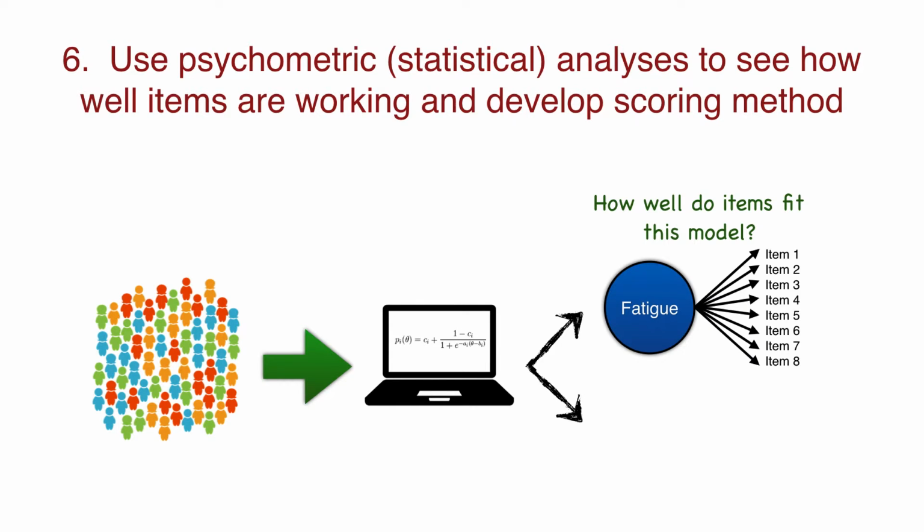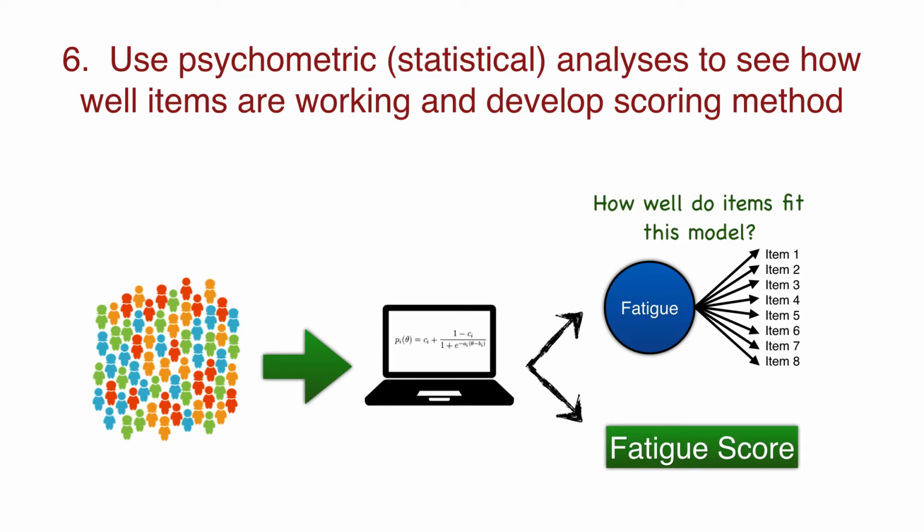And we're going to find out how well do those items fit that picture that we had, that model of the thing we're trying to measure. And then if it does fit well, how do we come up with a score? How do we combine responses across the multiple items to arrive at a single score? So for both those things, we use psychometric analyses, which are special statistical analyses.